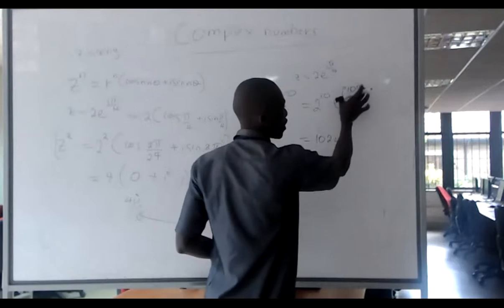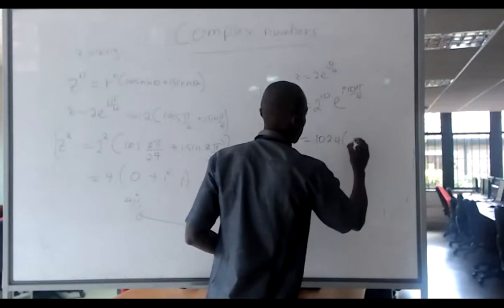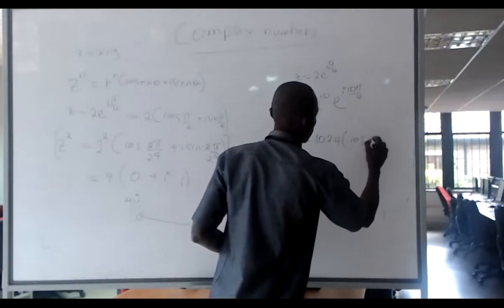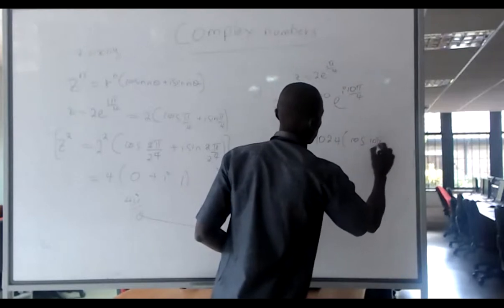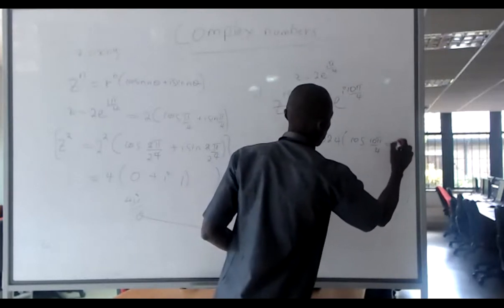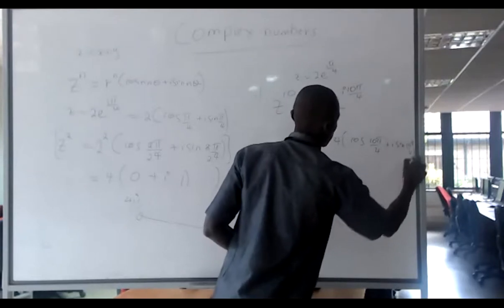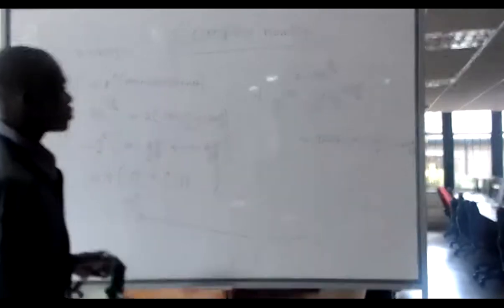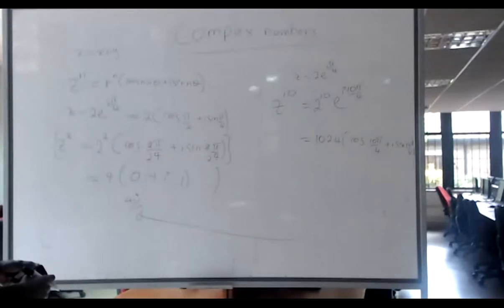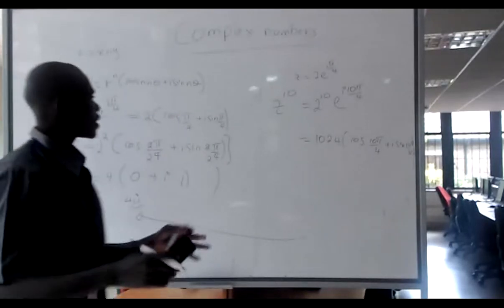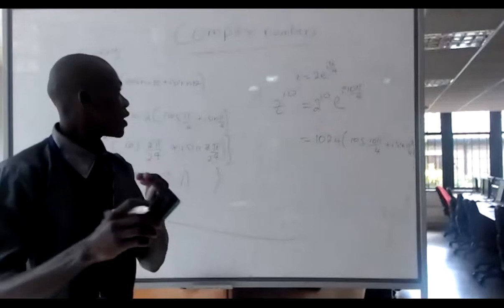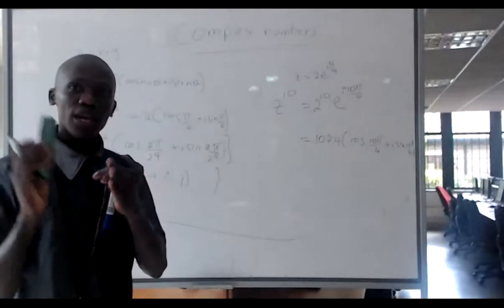And then by Euler's formula, I can write this part as cosine of 10 pi divided by 4 plus i sine of 10 pi divided by 4. You can leave your answer at that stage. You don't have to simplify. So all you're doing is taking r, raising it to n, and then multiplying the angle by n.